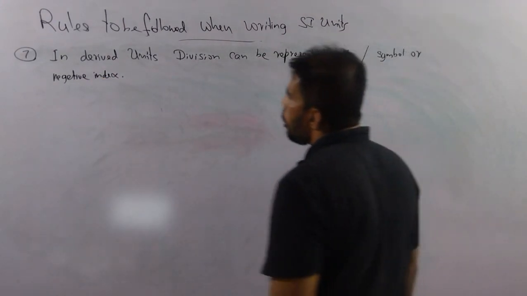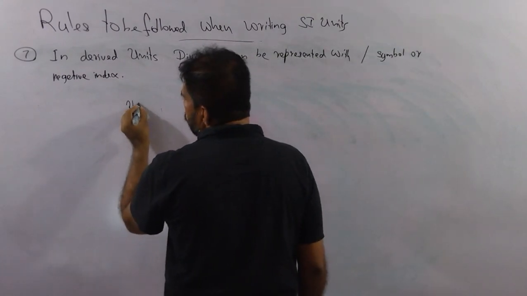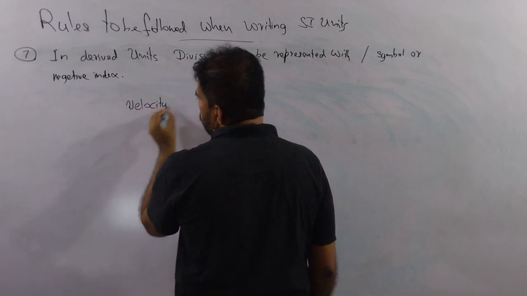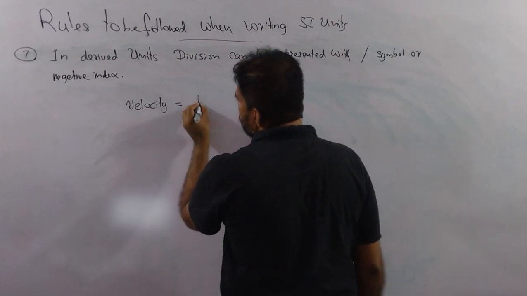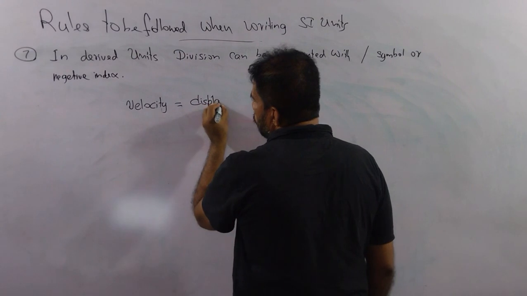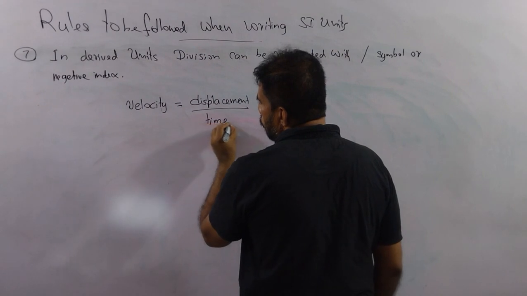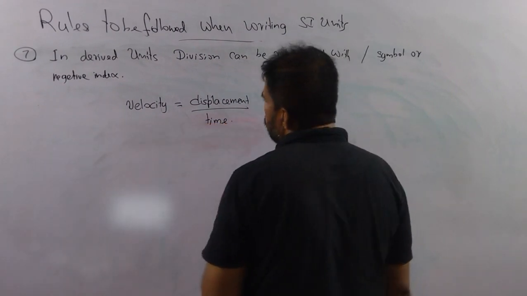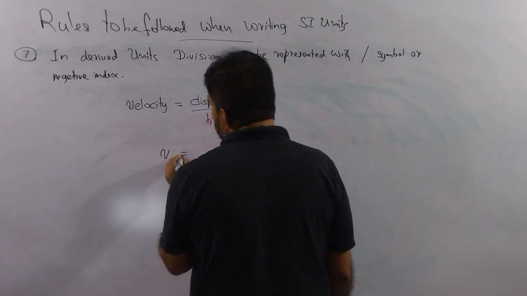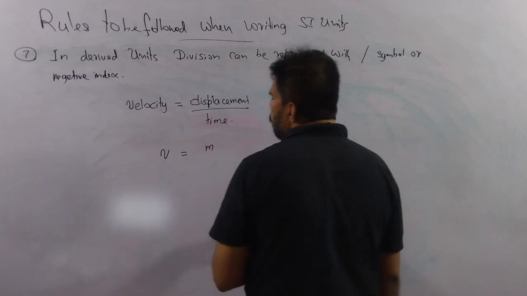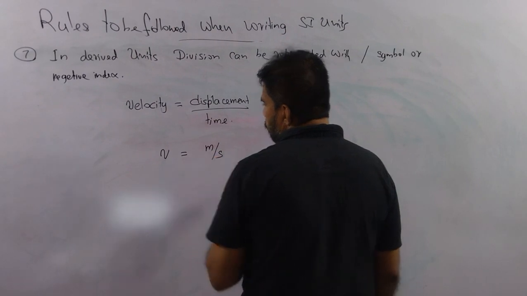It's like this. The velocity is defined as distance over time, displacement over time. Okay. So velocity, let's say v, it is displacement with units meters and time with seconds.